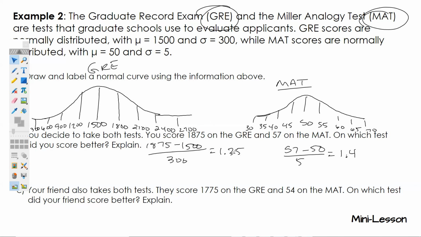Well, this says you're 1.25 standard deviations above the mean. The other one says 1.4. So you did better on the MAT. You could also look at the proportions, pull up the z-score table, go from there. But you could also just see that standard deviation-wise, you did better because you had a higher z-score.